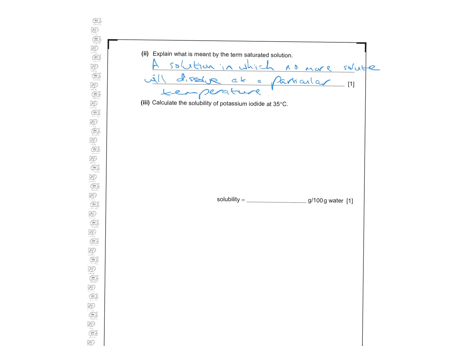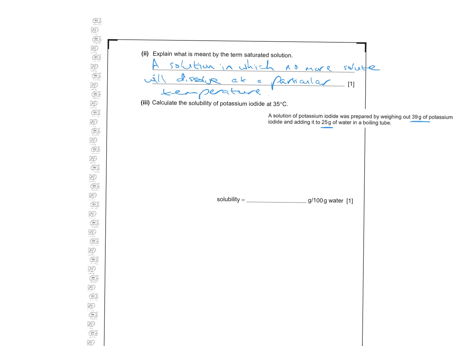Part 2 is just a definition of the term saturated solution. And part 3, I have to calculate the solubility of potassium iodide at 35 degrees Celsius. So I've brought in, from the start of the question, information that we need. We can see that 39 grams of the iodide were dissolved in 25 grams of water.